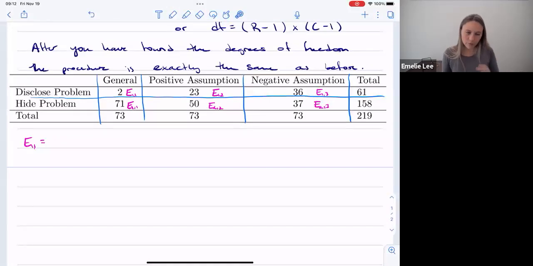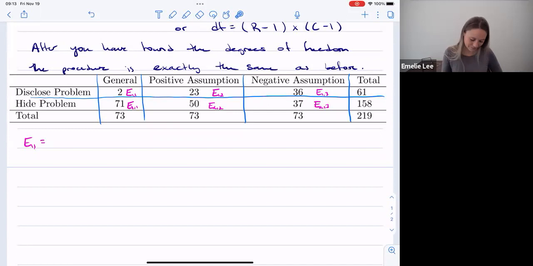But if we're testing for independence, then if we have 61 people out of 219 in this disclosed problem, and we have 73 in each of these columns, then we would expect the count to be evenly distributed across the disclosed problem, right? You can read the textbook. It's got this, you're buying an iPod, I guess, with problems.